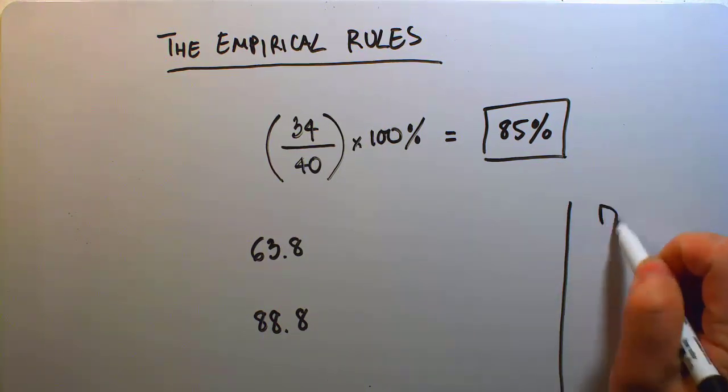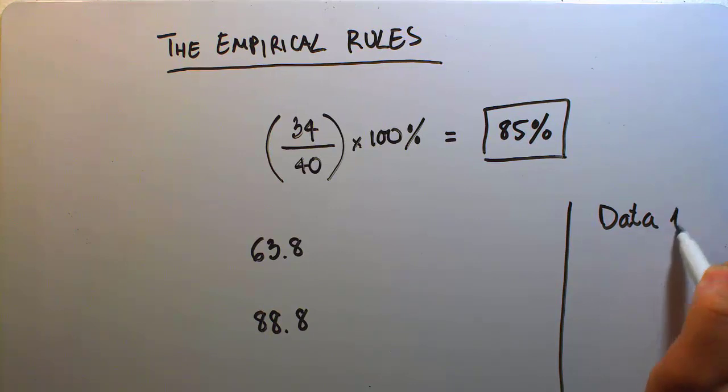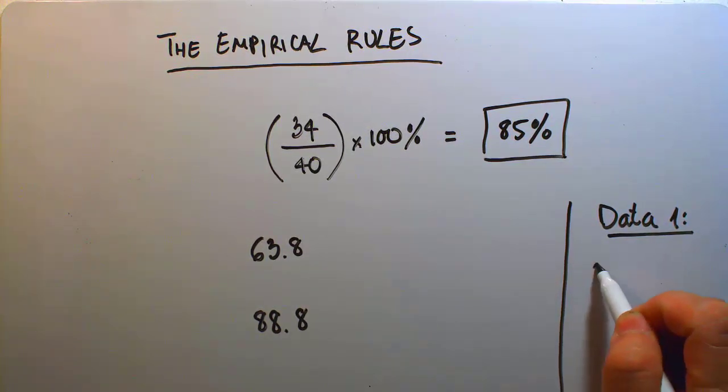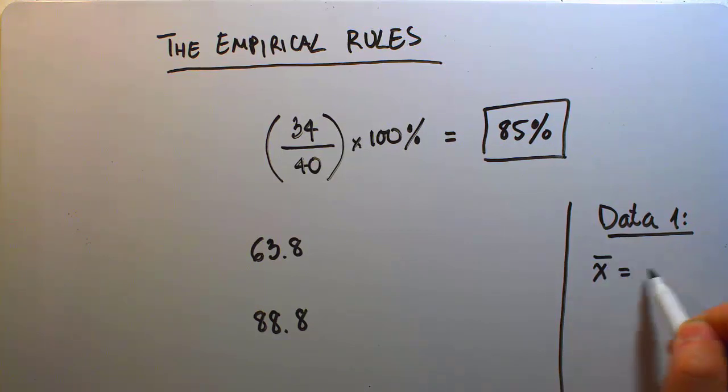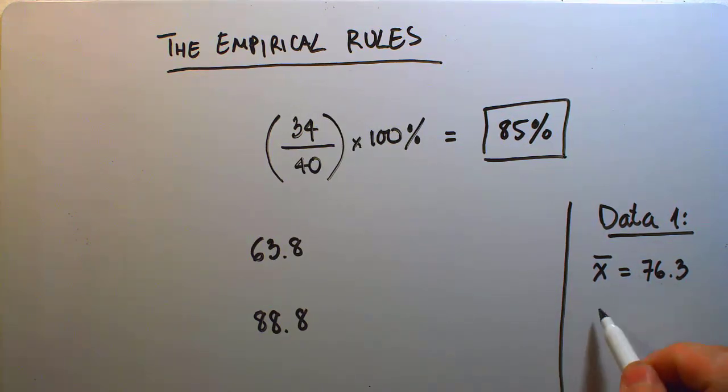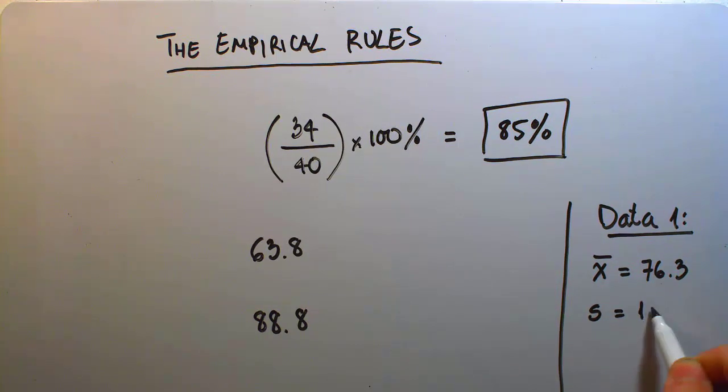A reminder, maybe as a side note: in data 1 we already found in previous lectures that the mean value of data 1 is 76.3, and the standard deviation of data 1 was calculated to be 12.5.